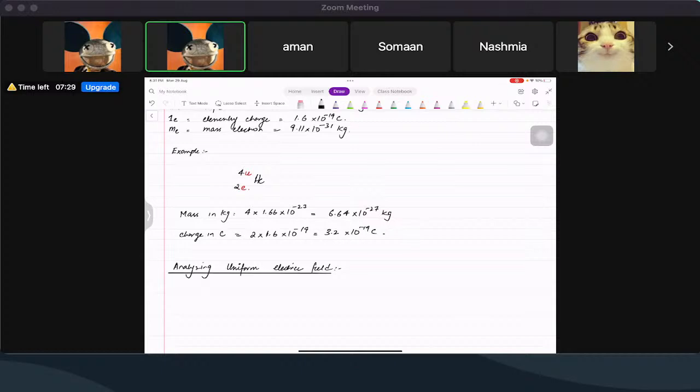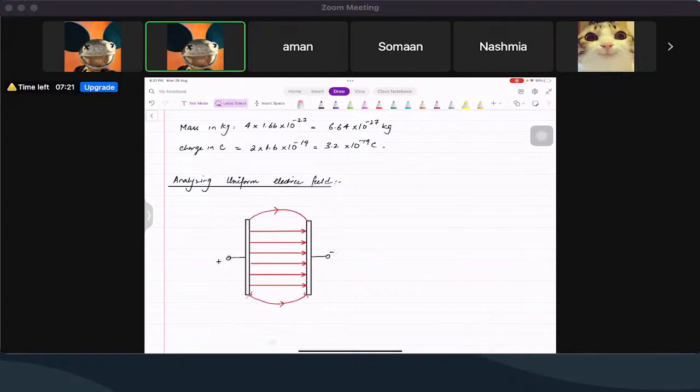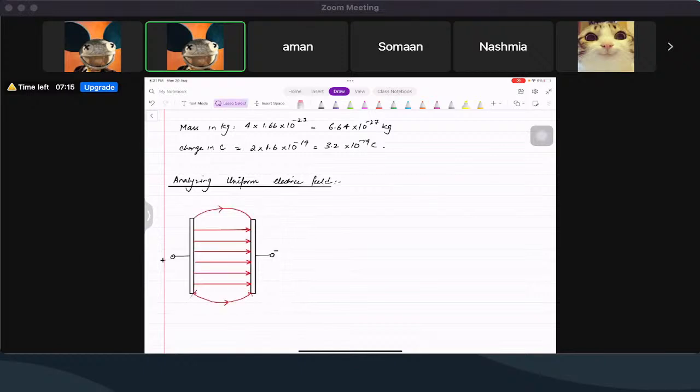Now. So when you're looking at a uniform field like this, there will be certain key features that you need to remember. So let's suppose this was plus 20 volts and this was negative 20 volts, right? So there is a voltage, and the distance between here till here is given as 8 centimeters.